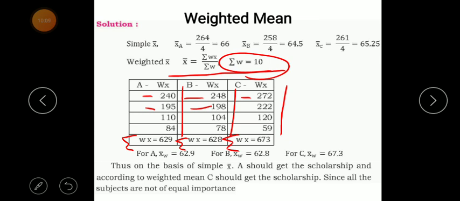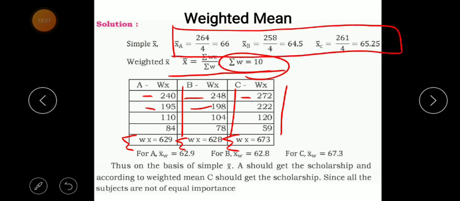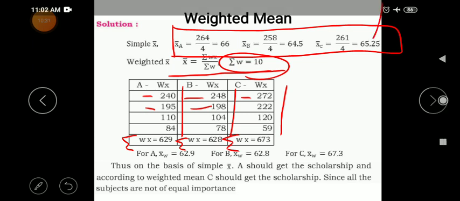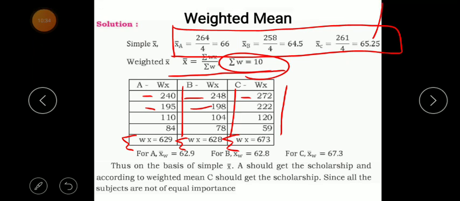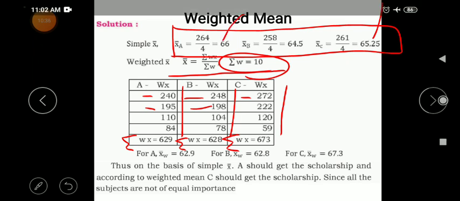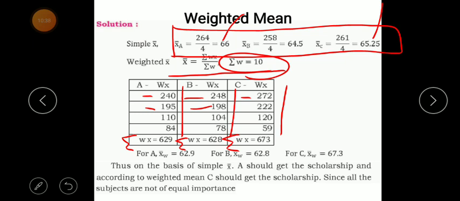Now on the basis of this, we have to take a decision, because these statistical problems are mainly used to take certain decisions based upon data. So on the basis of this, if we use the simple mean, that is arithmetic mean, who has the highest mean? Sorry, not student C, it is student A, who gets 66. So A should get the scholarship based upon simple mean, that is 66.